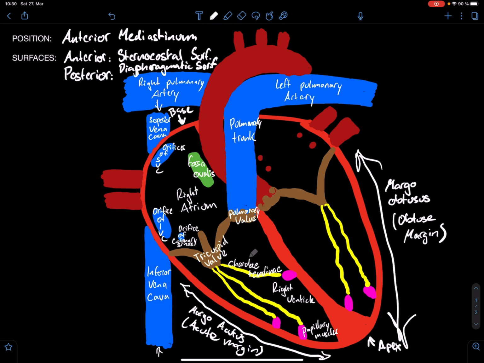So we have basically the pulmonary arteries that go away into the pulmonary circulation to get enriched, which carry deoxygenated blood, and then later when we come back, we have the pulmonary veins, which carry oxygenated blood back to the heart.